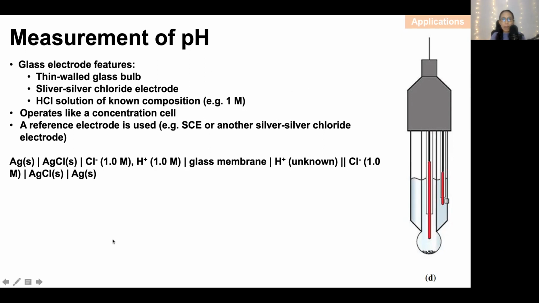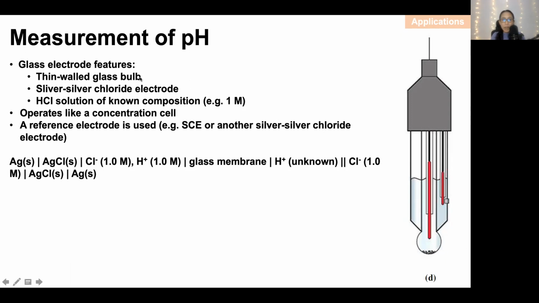Okay, so what happens inside your glass electrode? For us to have an idea, here is the cell diagram. So you have your silver chloride standard electrode. And then you have the glass membrane. So that's the glass bulb. And you have your hydrochloric acid. This one is your liquid sample.